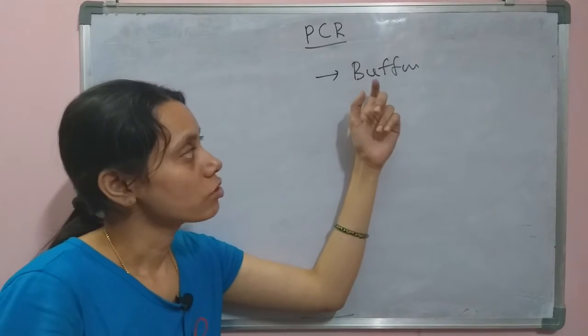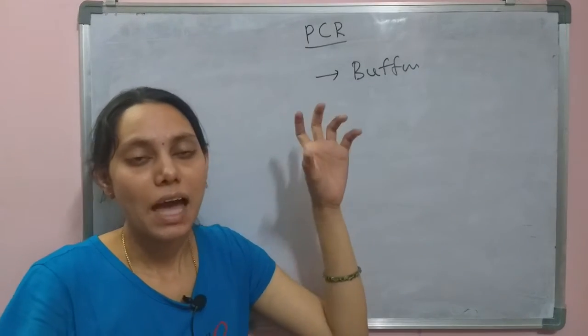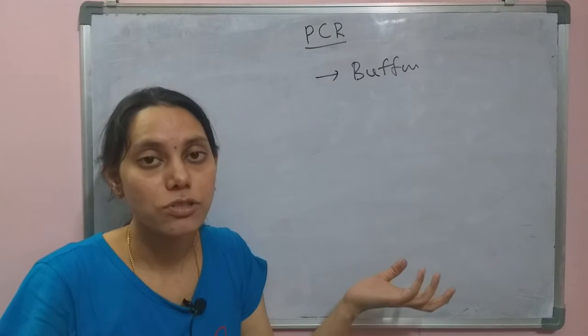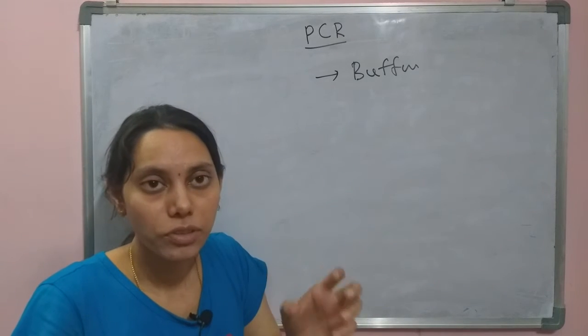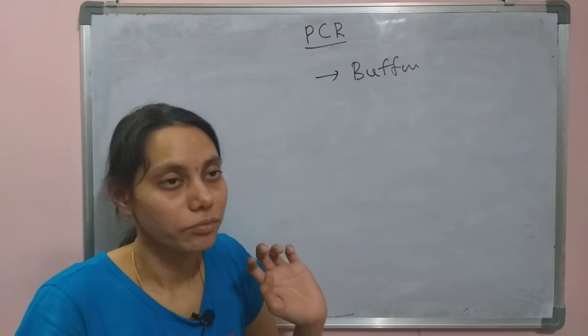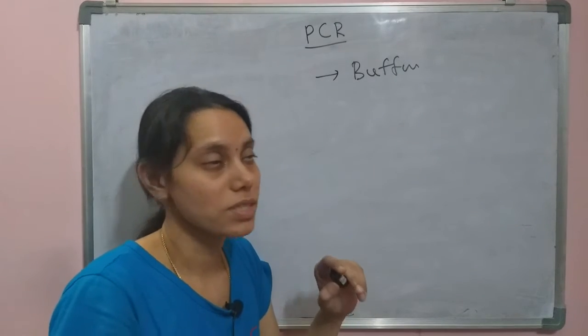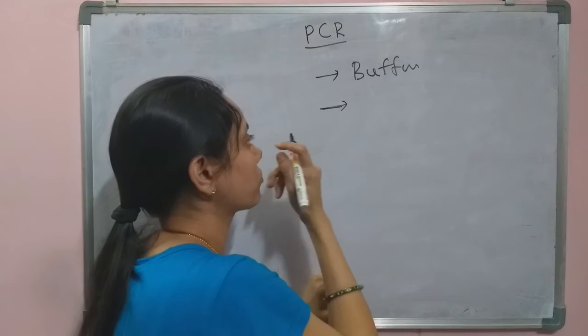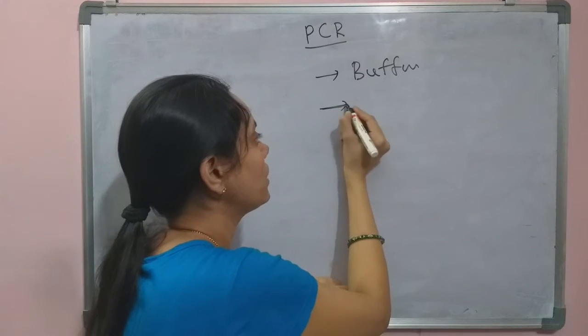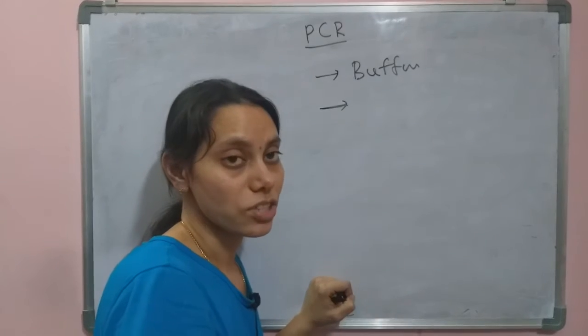Buffer is the solution which provides an aqueous environment for the reactions to proceed, and it also has some of the salts required to support the reaction. Buffer is the medium for the reaction.